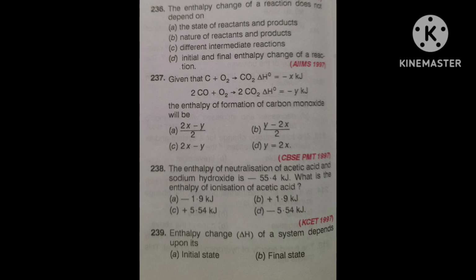And second reaction is 2CO plus O2 giving 2CO2 and standard delta H is minus y kilojoule. The enthalpy of formation of carbon monoxide will be: first option 2x minus y divided by 2, second y minus 2x divided by 2, third 2x minus y, fourth y is equal to 2x.